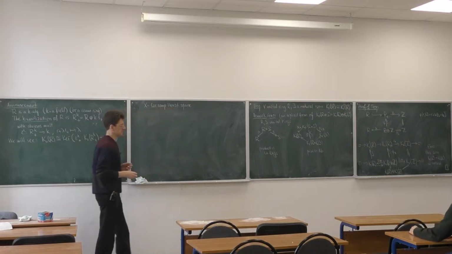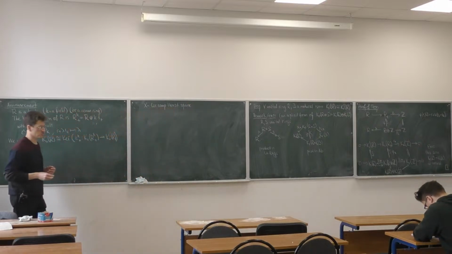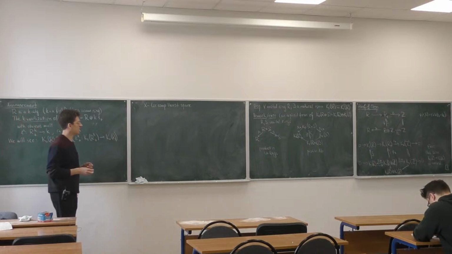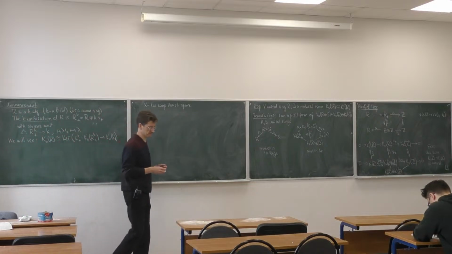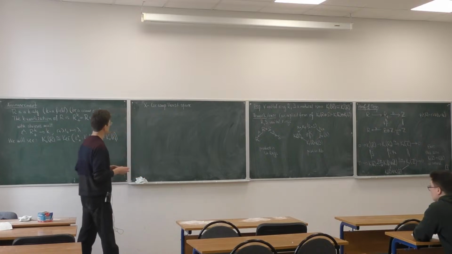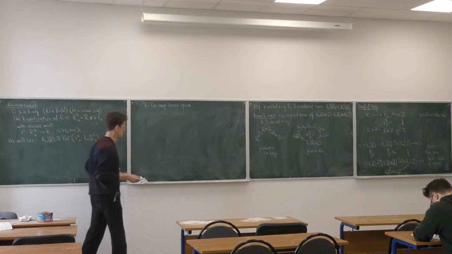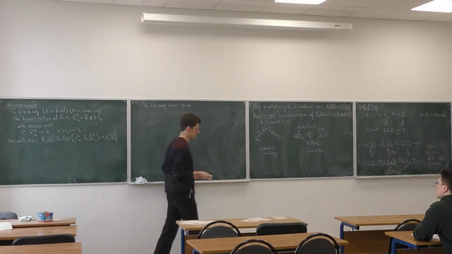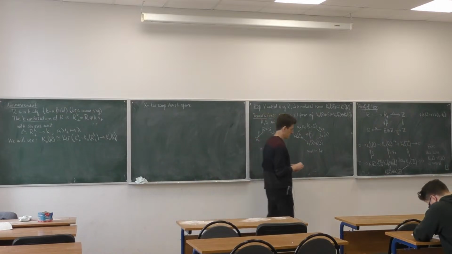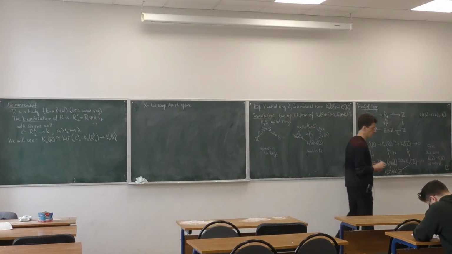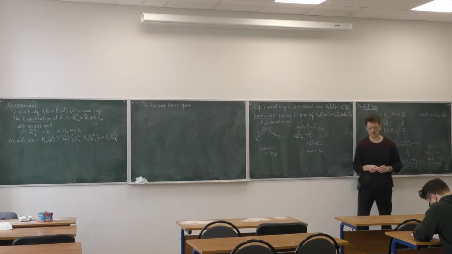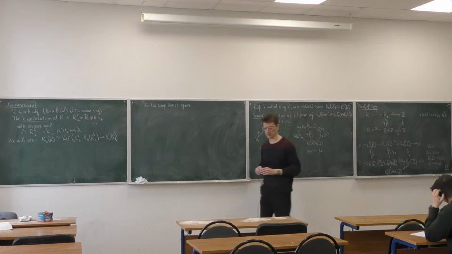Let's recall that we defined the topological group K0 of X only in the case where X is compact. So what happens if X is no longer compact? How can we define K0 of X in this case? In fact, there are several reasonable ways of extending K0 to non-compact spaces, and in general they are not equivalent.